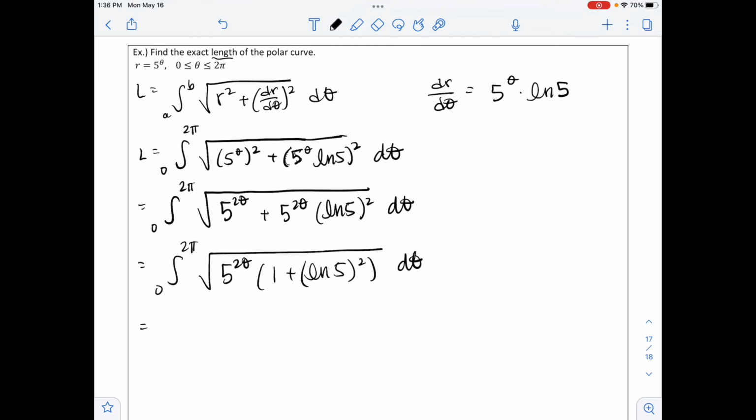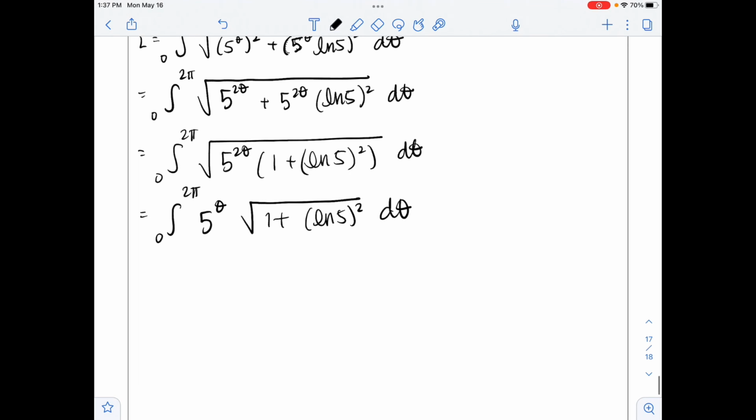And so the square root of 5 to the 2 theta, or 5 to the 2 theta to the 1/2 power, is going to become just 5 to the theta. And then we have the square root of 1 plus ln of 5 squared d theta. And note that this part that we have in our square root, and I'll circle that, is just a constant. So since the square root of 1 plus ln of 5 squared is just a constant, we are able to move that out in front of our radical.